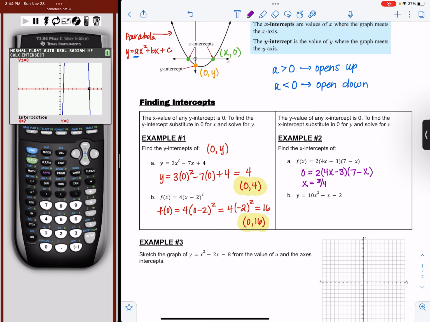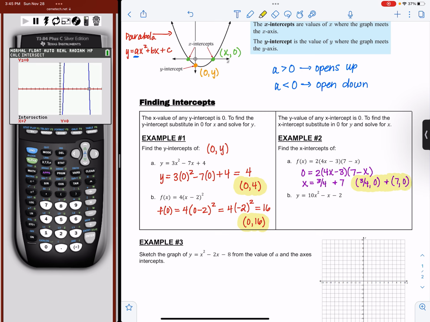So I have x is equal to 3/4 and 7. If I write those as coordinate points, it would be 3/4, 0 and 7, 0. So those are my two x-intercepts.